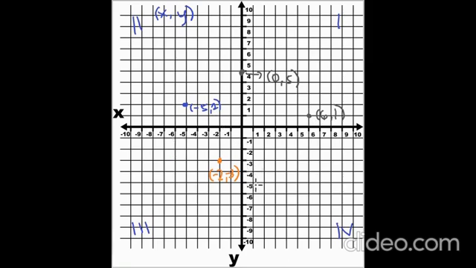Now let's try it the other way, where I point. We have this point. It doesn't move left or right, so automatically its x is 0. But it moves down from the origin: 1, 2, 3, 4, 5, 6, 7.